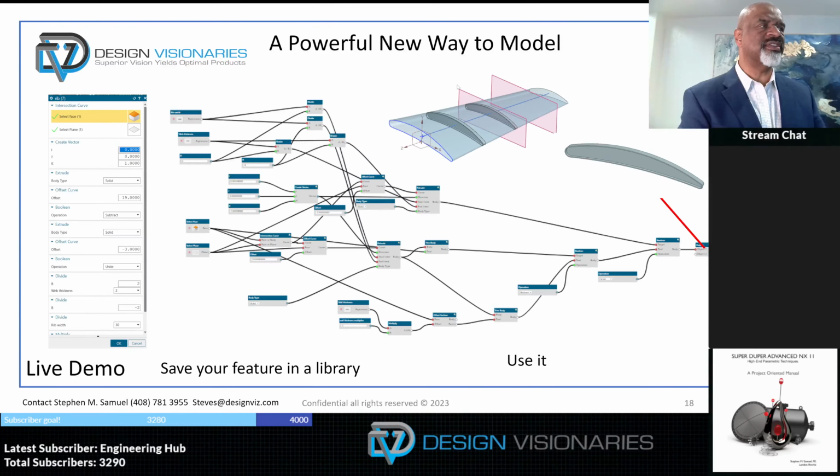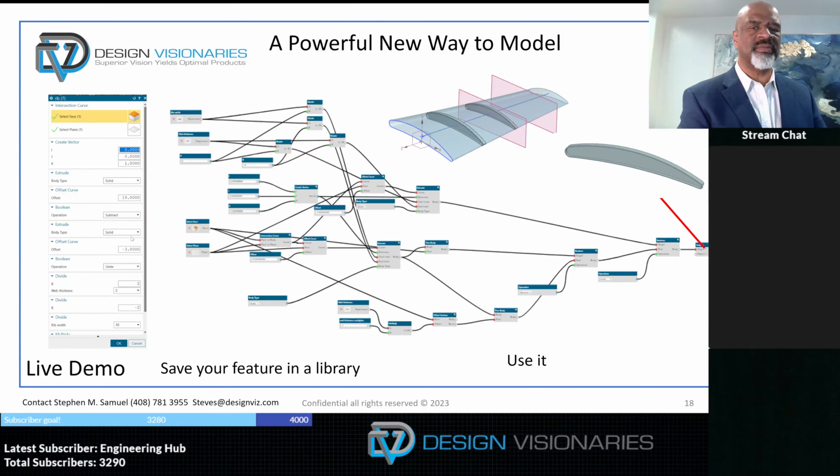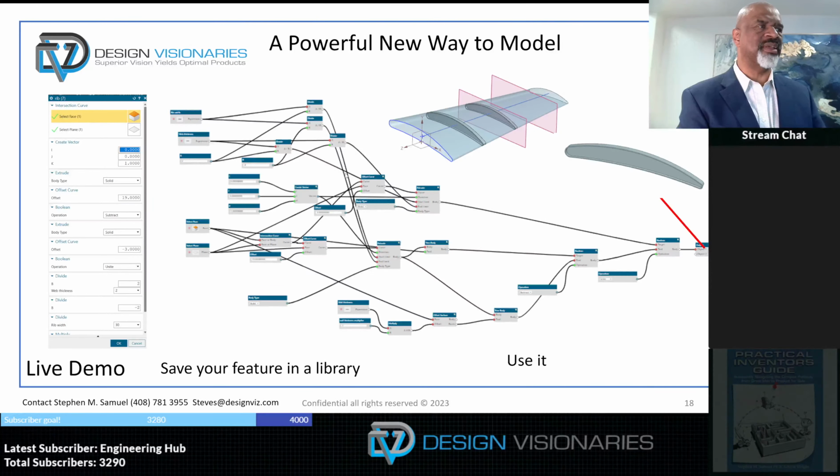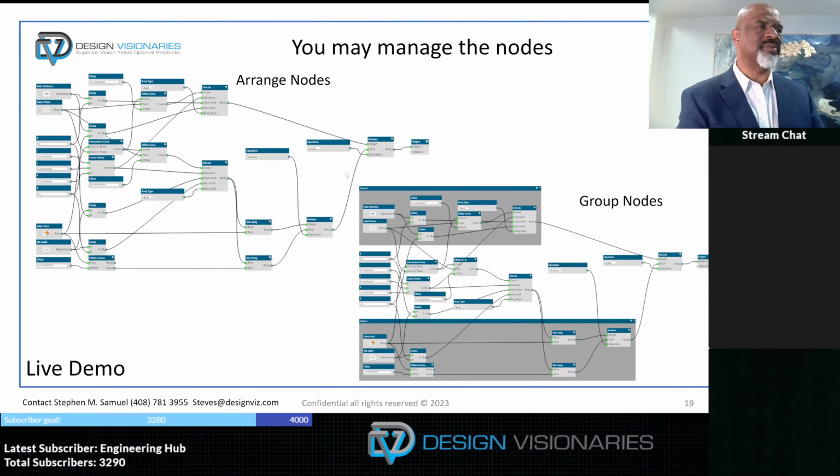It has you select a plane where you want a rib, and then you go through and you tell it the rib thickness, and you tell it the web thickness, and all these different inputs, and out you come with a rib in minutes rather than the hours and hours it may take you if you were doing it without algorithmic modeling.